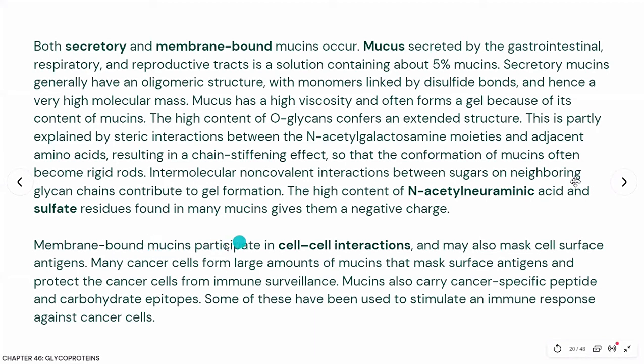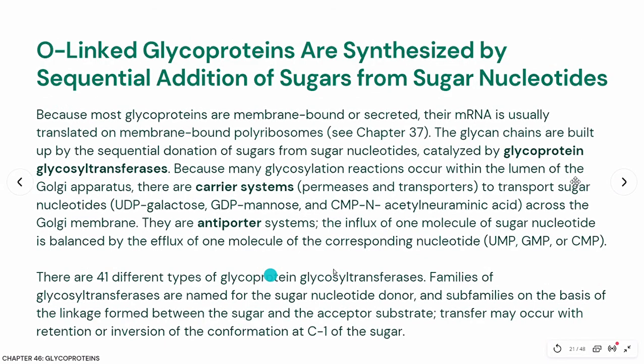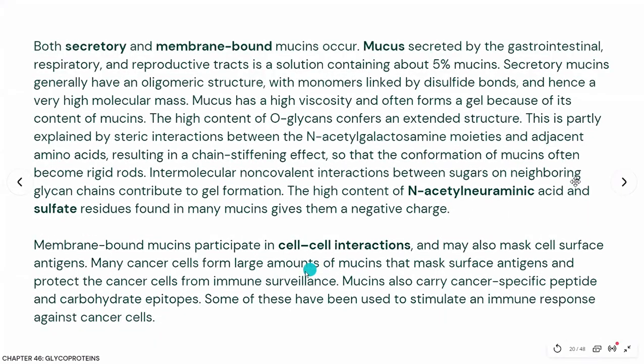Membrane-bound mucins participate in cell-to-cell interaction and mask cell surface antigens. Many cancer cells form large amounts of mucins that mask the surface antigen.